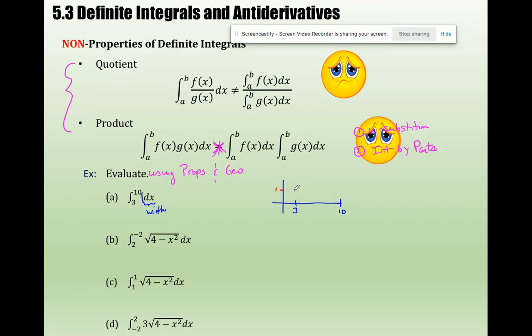So when x is 3, the function is 1. When x is 10, the function is 1. Everywhere in between, the function is 1. What is the area of that shape?